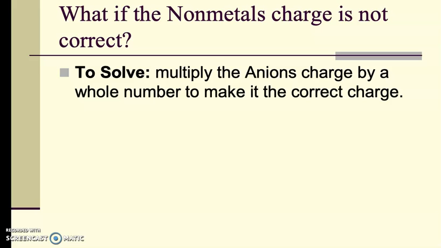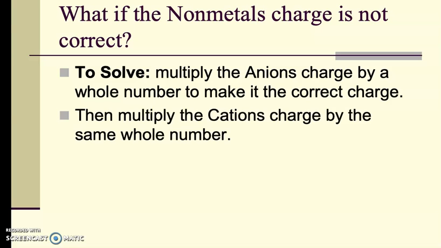At that point, if they are not the same, this is when we apply this next step. So essentially, we go from 4 steps to 5 steps. Then multiply the cation's charge by the whole number. And this would be the 6th step.